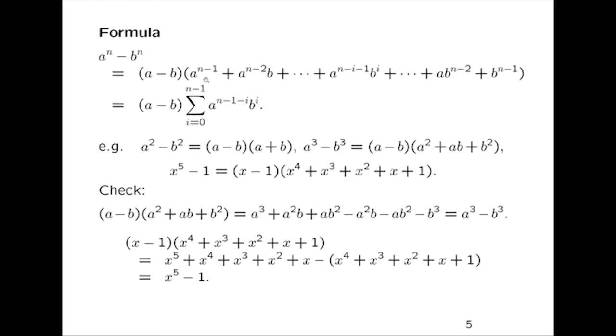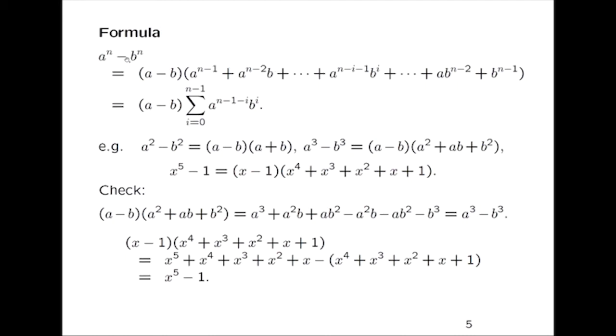So that you will get this part. If you plug i is equal to 1, you get n minus 1 minus 1, so a to the n minus 2, and then b to the 1, and you get this. And you sum them together. So you have this part, and this sigma part represents the sum of the second factor.